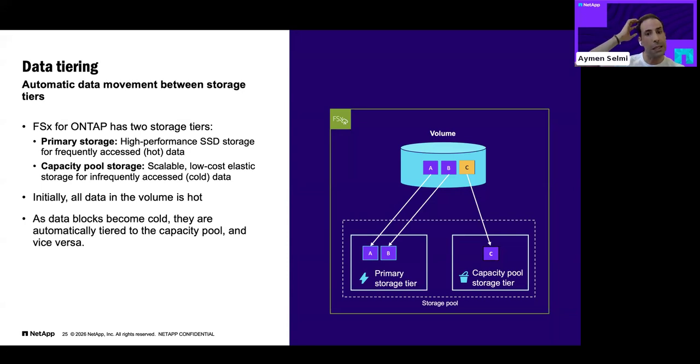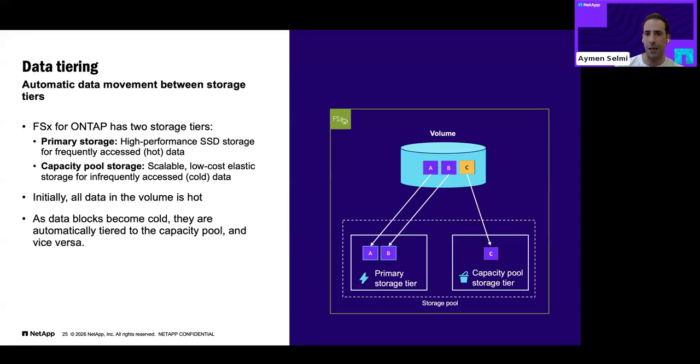Typically, we see that completed projects, historical design iterations, and previous tape outs are no longer active. So we need to find a way to move them to lower tier storage, and that's what happens in FSxN.